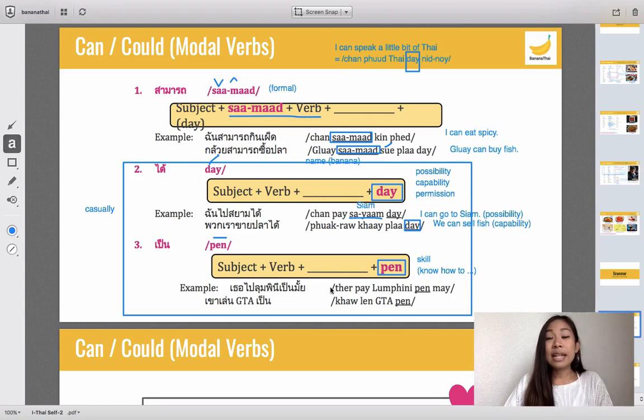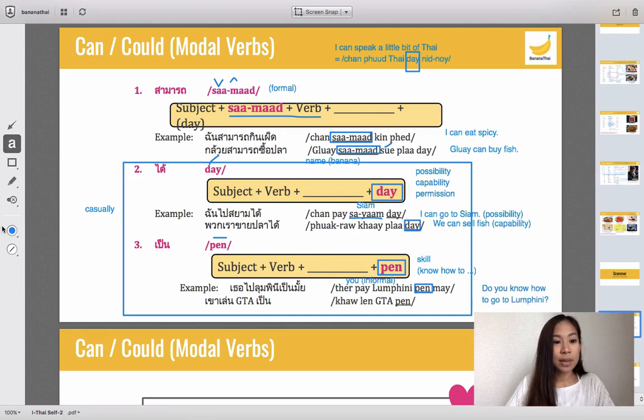The next example is for the word เป็น, skill, know how to. เธอไปลุมพินีเป็นไหม. เธอ is you, informal. ไปลุมพินีเป็น means you know how to go to Lumpini, a district.